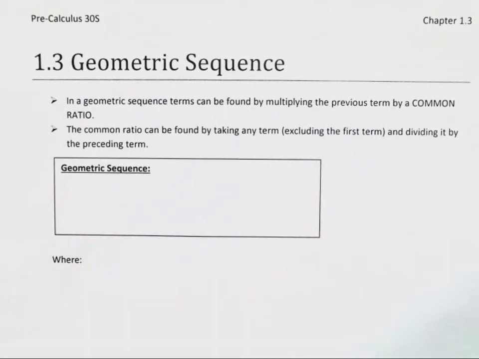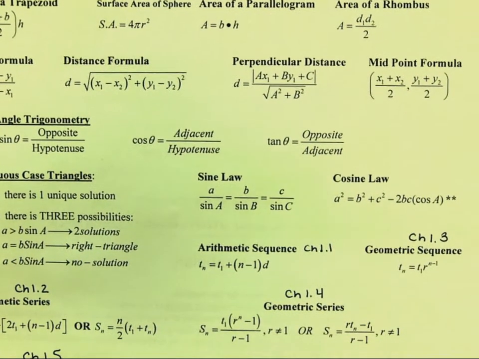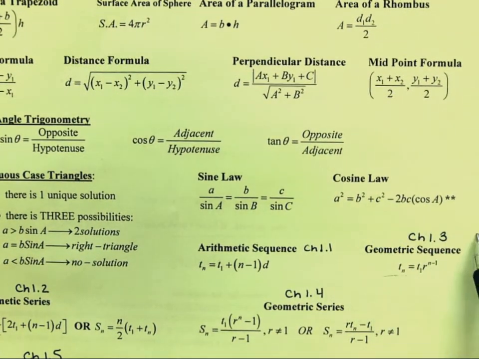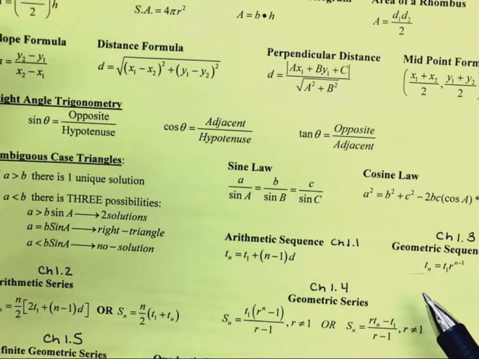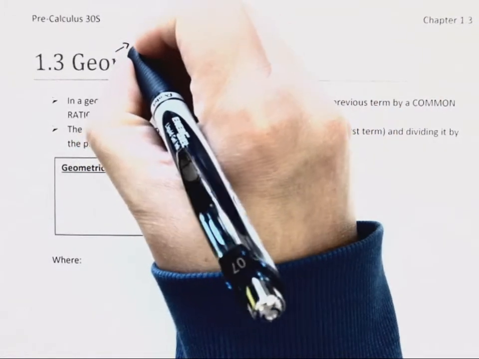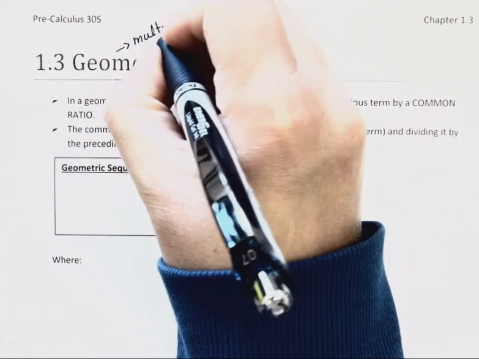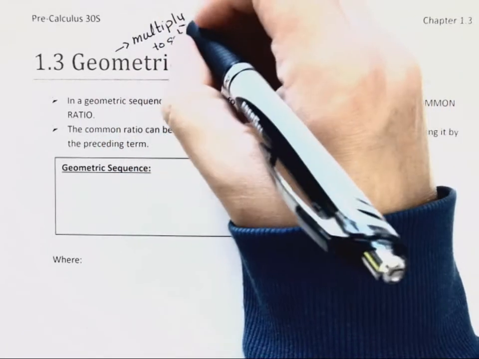So if you have your yellow formula sheet from the beginning, you'll see on it geometric sequence. And that's what we're working on today. A couple of things: geometric means that you multiply to get to the next number.